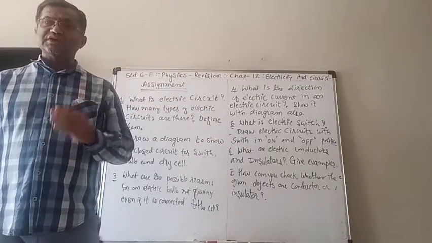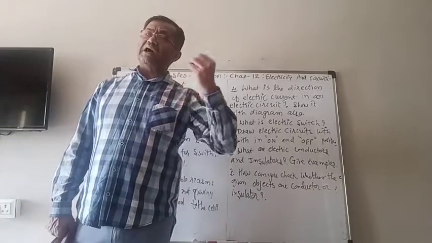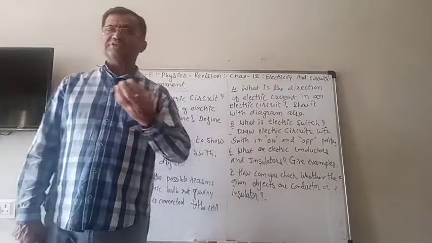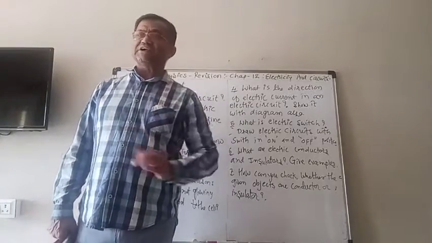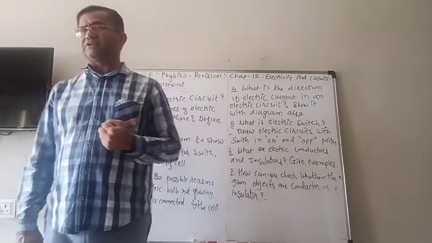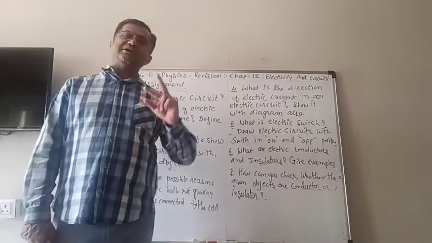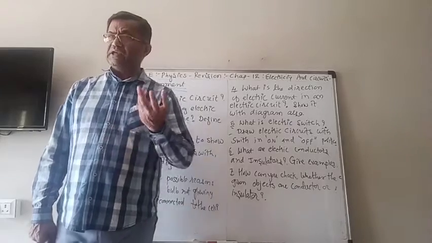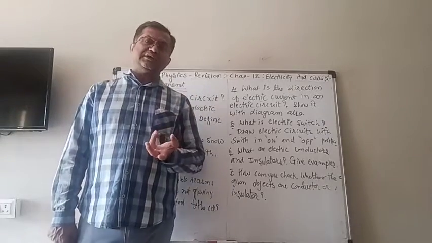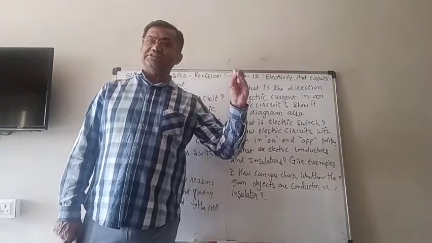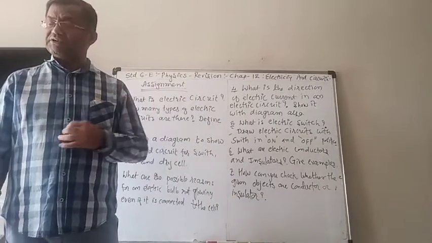If the switch is in the off position, it will not allow the current to pass, because then it will be an open circuit. When you switch on, the circuit is closed because there is no gap. But when you put the switch in the off position, there will be a gap between the two ends, and then it's an open circuit, which does not allow the current to pass. The bulb will not glow because current does not flow.